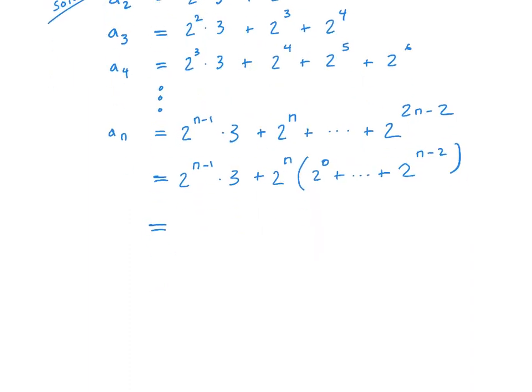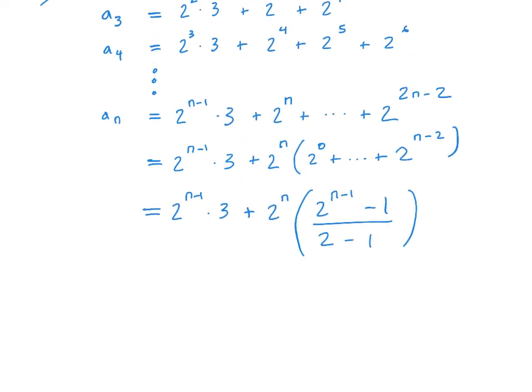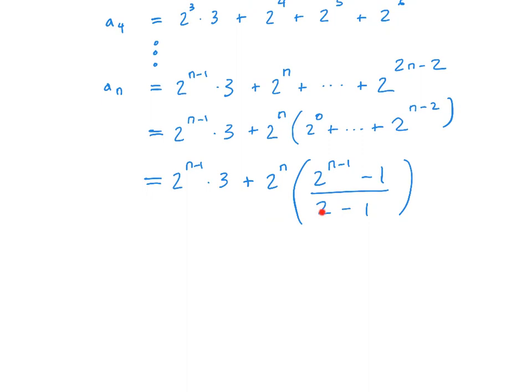Okay, so we'll carry our ugly duckling term from above and multiply 2 to the n by 2 to the n minus 1 all over 2 minus 1. Now I guess the 2 minus 1 just goes away because it's like dividing by 1.